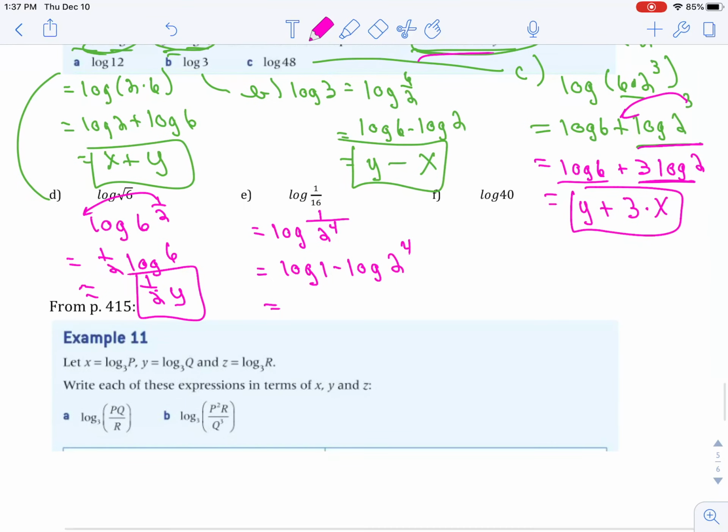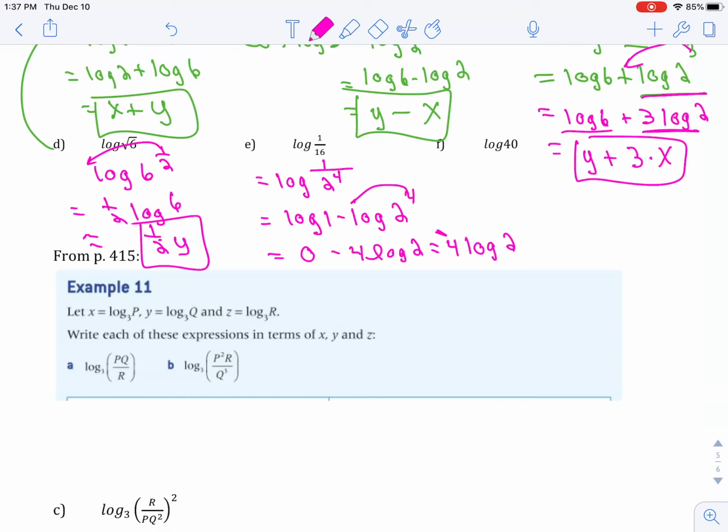The log of 1 is just 0. That was one of our properties from the first page. And then this one I can bring the 4 in front, so I get minus 4 log of 2, which is negative 4 log 2. And then what we want to do is rewrite it in terms of x and y. So remember, log 2 is equal to x, so this becomes negative 4x.